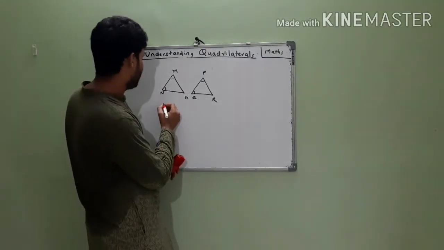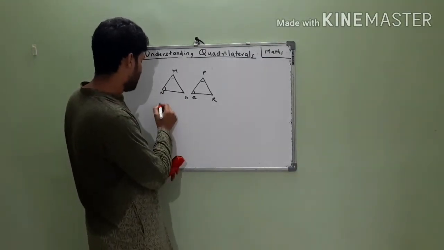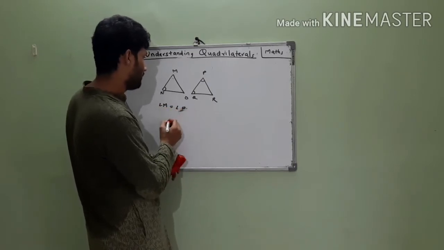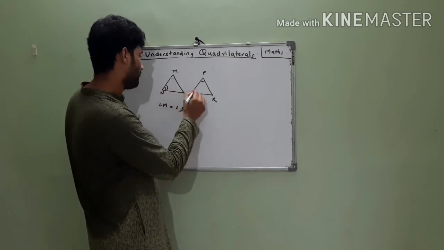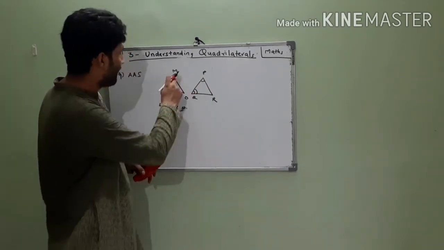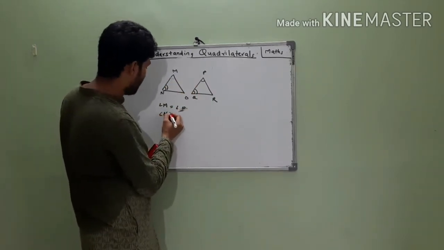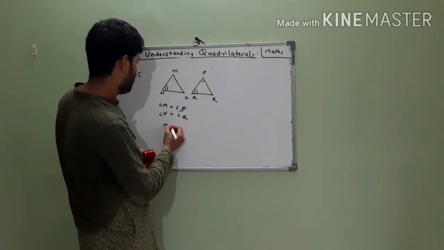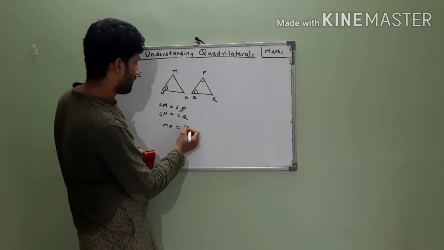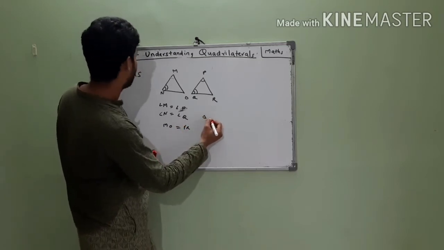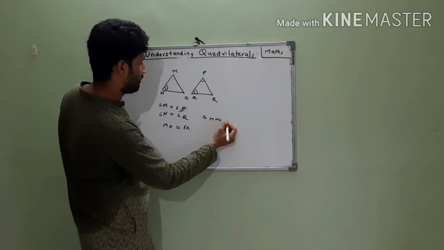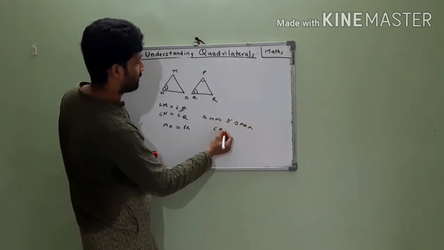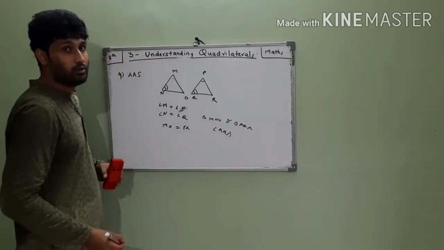So suppose I have angle M is equal to angle P, angle N is equal to angle Q, and MO equal to PR, then triangle MNO is congruent with triangle PQR using the angle angle side postulate.